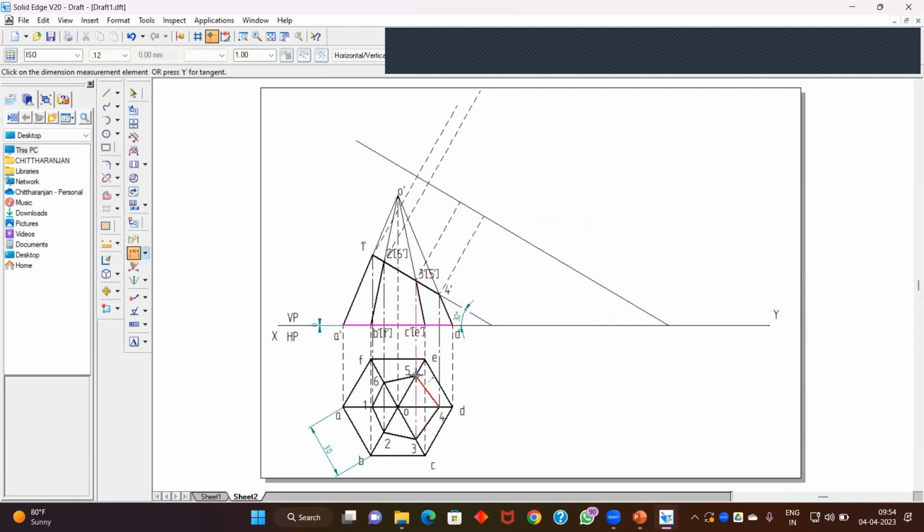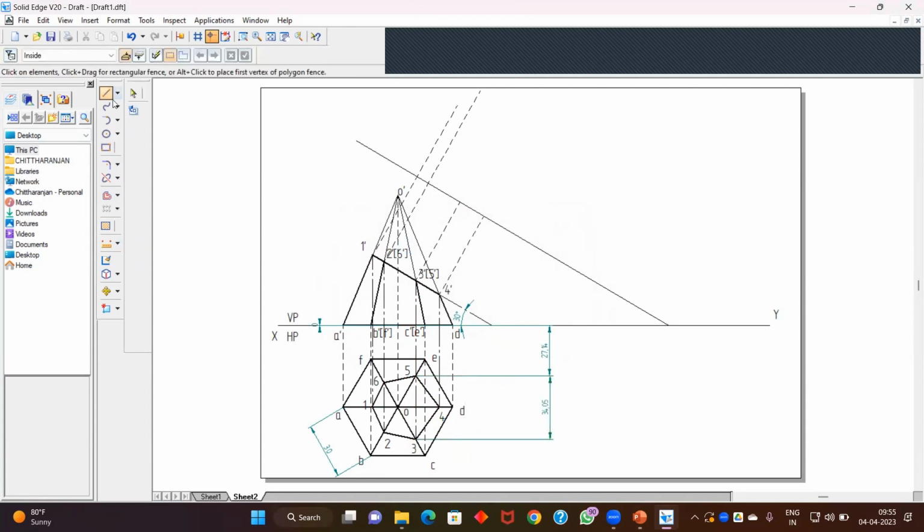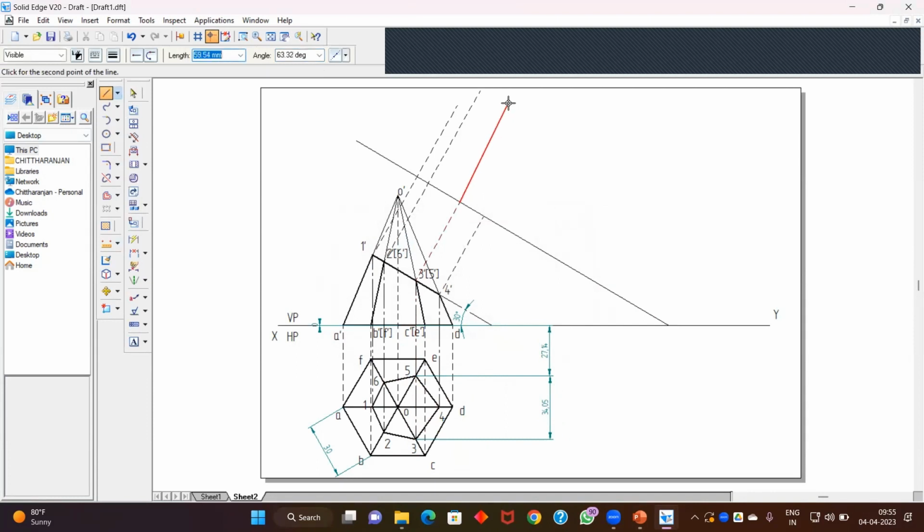From this axis to this point, from that point to this point, draw the line 27.14, 60 degree, then again 34.05, 60 degree, and the distance between these two is the same.